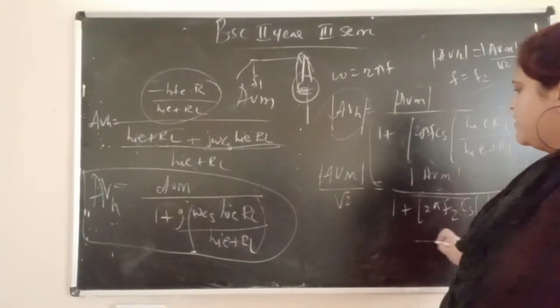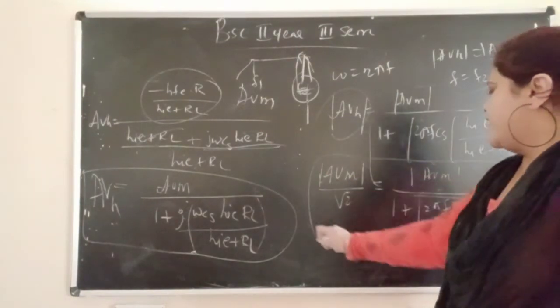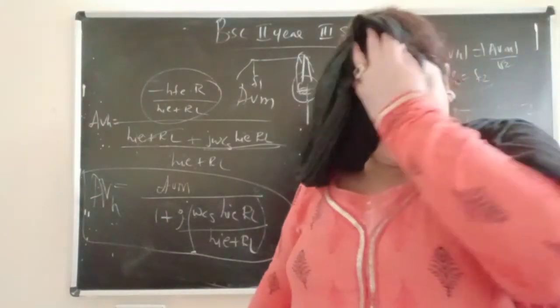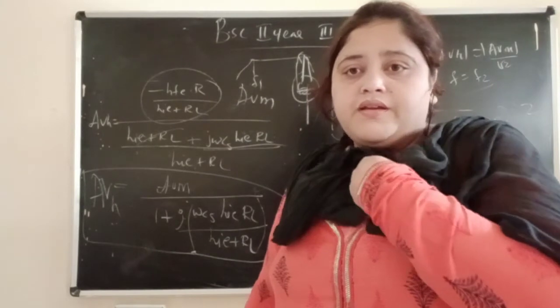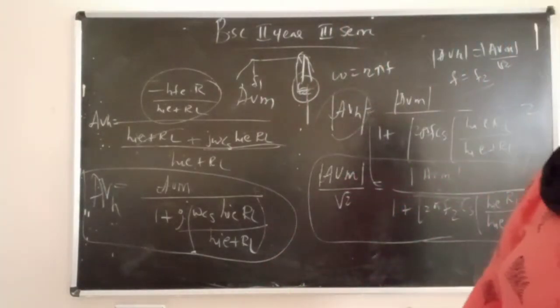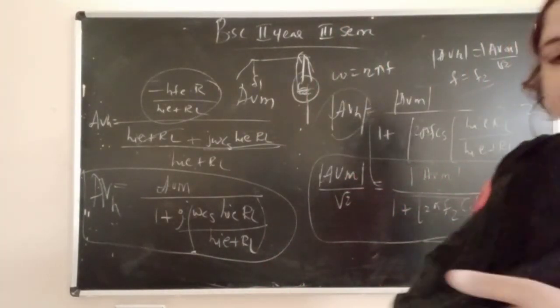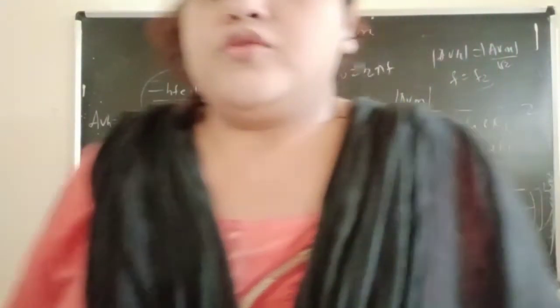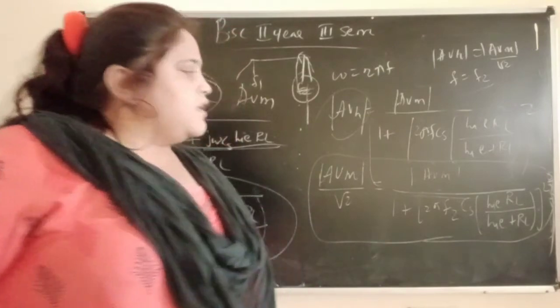Okay, by this we have completed our derivation for a high frequency range. Derivation of high frequency range in RC coupled amplifier analysis. Okay, so what derivation we got, you can see here.